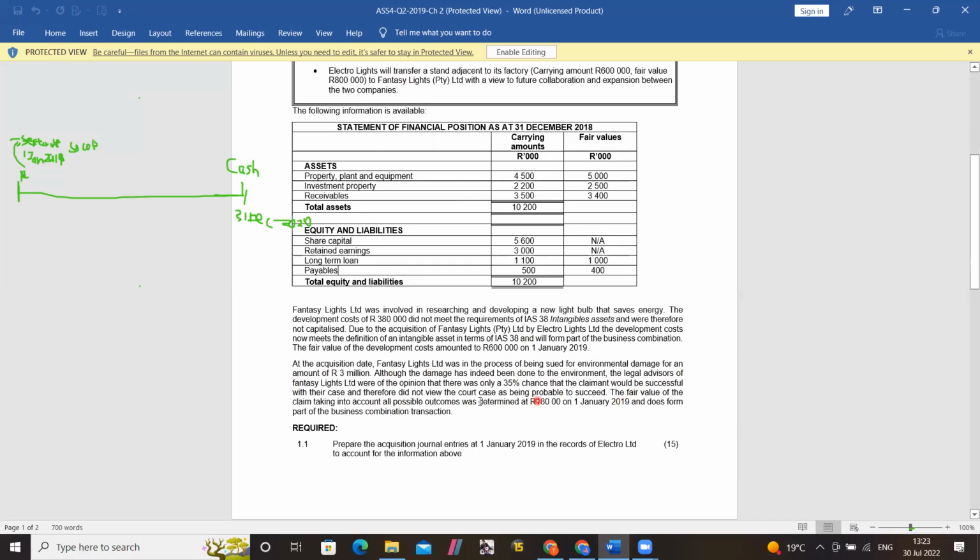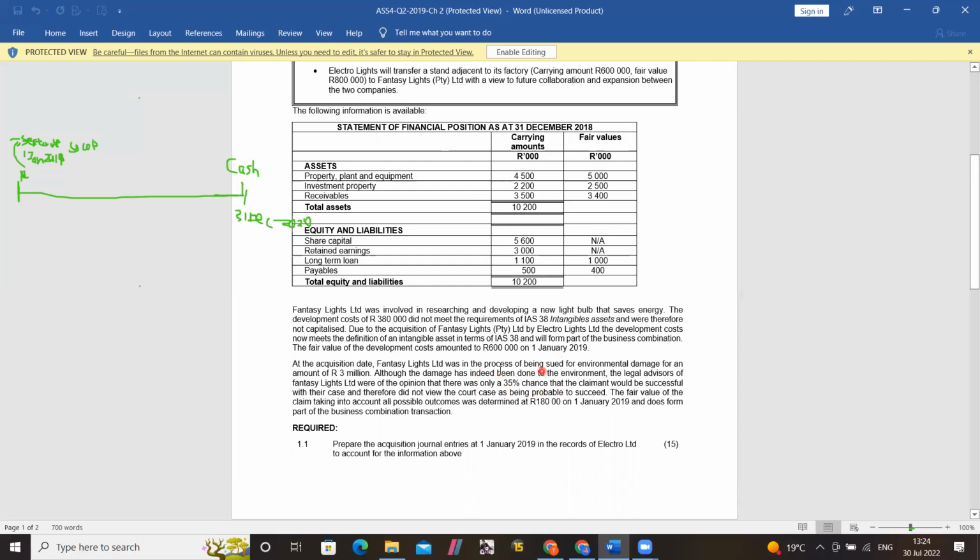Now, don't forget a provision is a liability in the separate financial books according to IAS 37, right? However, a provision is only recognized when it's probable, so there's a more than 50% chance.